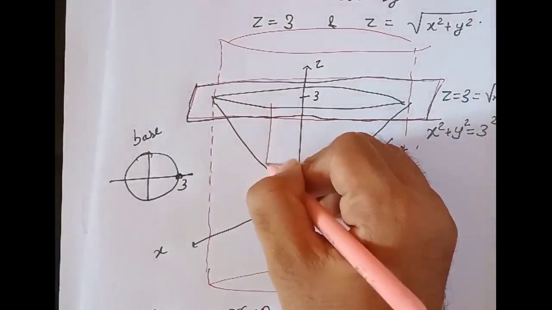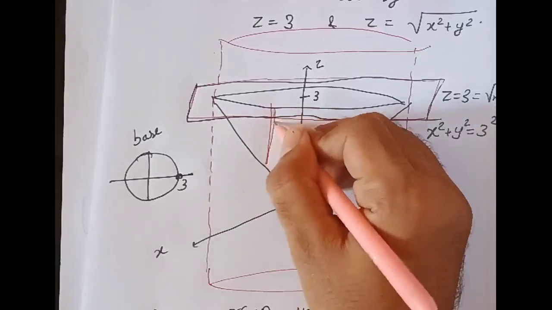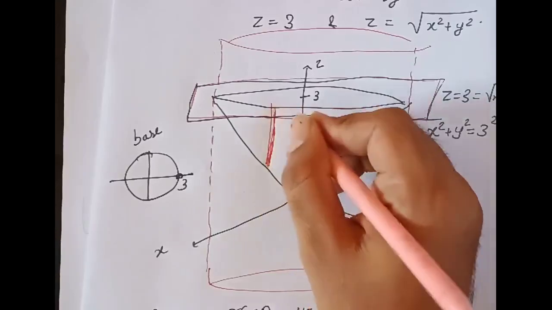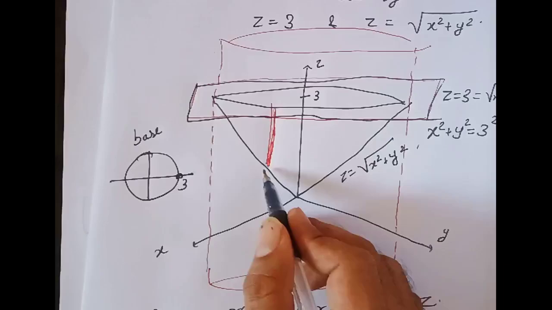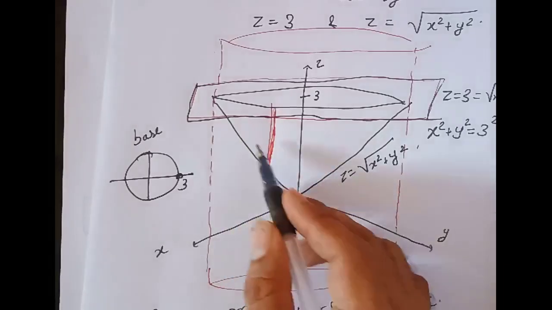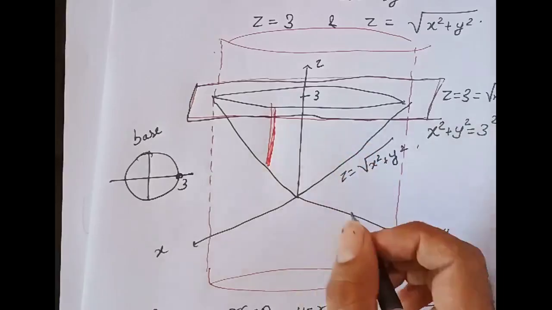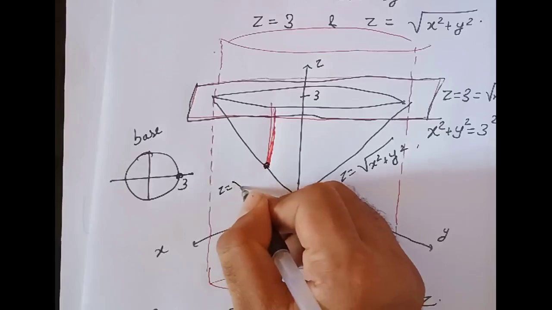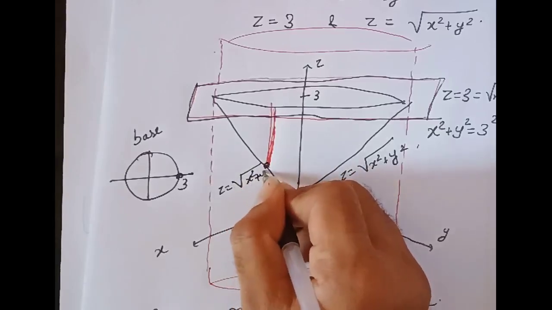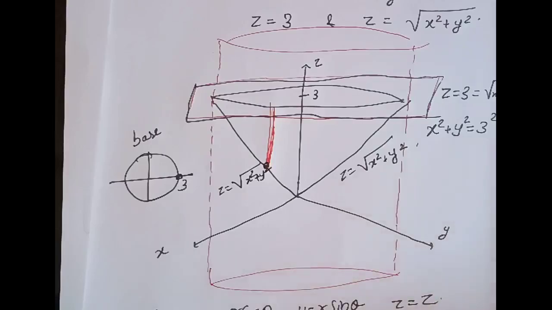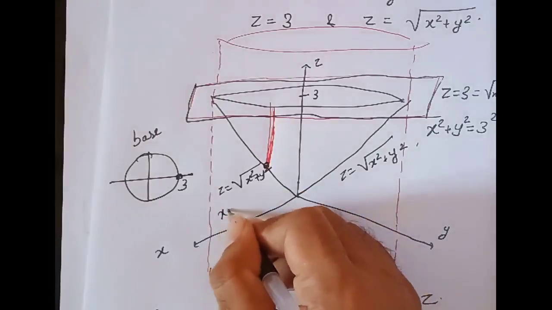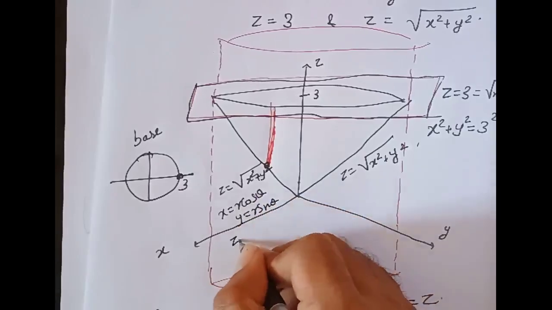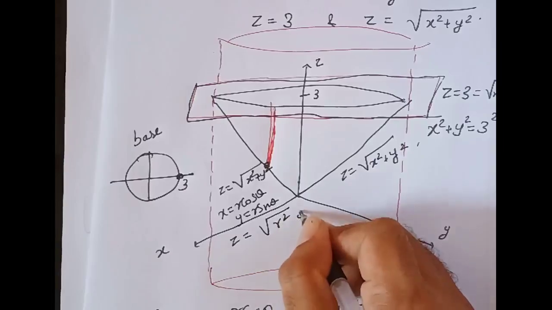And for finding the z limit, what we are supposed to do here is we will take a strip which is parallel to the z axis. Okay, so the lower end of the strip is touching the cone, and the upper end is touching the plane. Here the lower end of the strip is z is equal to square root of x square plus y square, and when we put x is equal to r cos theta, y equal to r sin theta, z will be nothing but square root of r square, or simply r.